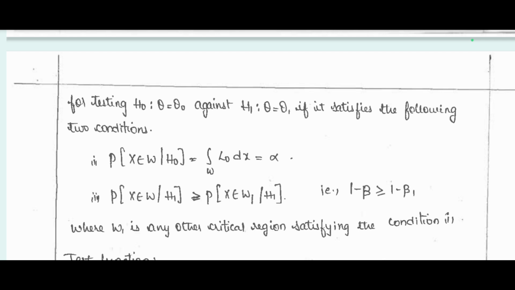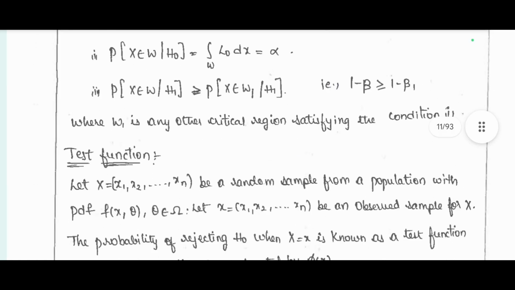That is, the probability of x belonging to W under H1 is always greater than or equal to the probability of x belonging to W1 under H1, where W1 is any other critical region satisfying condition 1. That is, 1 minus beta is always greater than or equal to 1 minus beta 1.